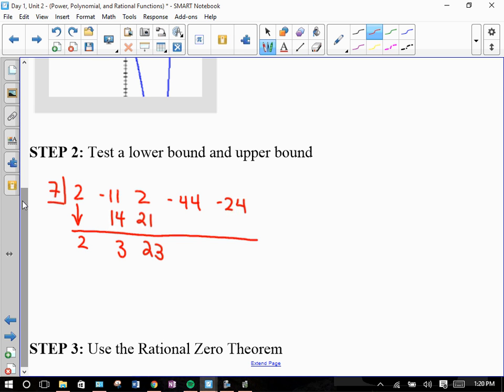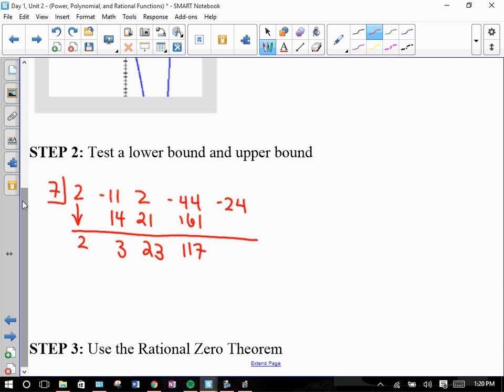Quickly, someone do it. 7 times 23 is 161. -44 plus 161 is 117.